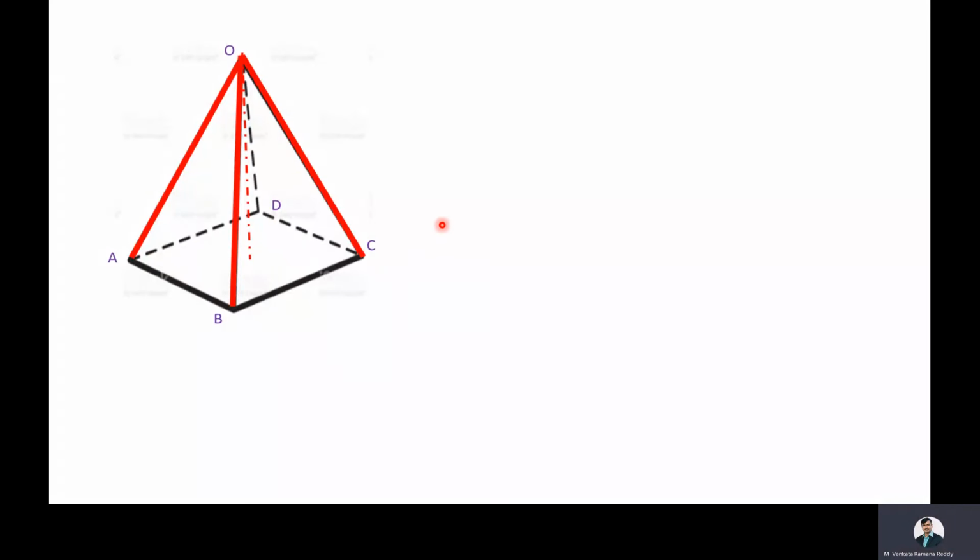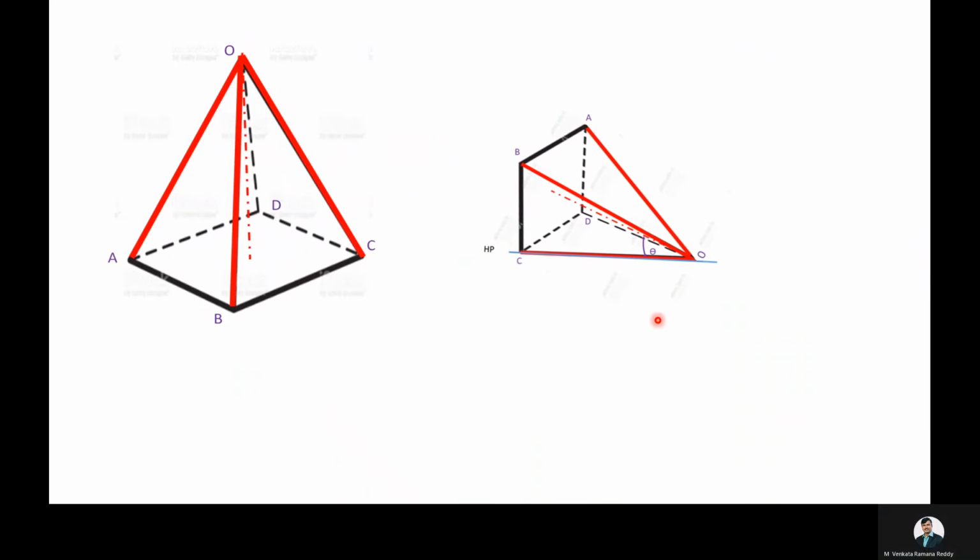In the second stage, we are tilting the square pyramid such that the triangular face, say OCD, is on the horizontal plane. If the triangular face OCD is on the horizontal plane, it means its image falls on the XY line in the front view.